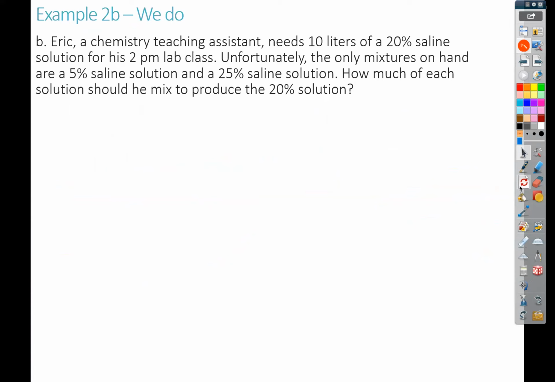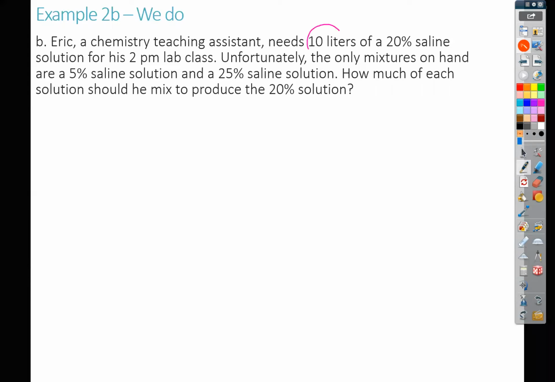How much of each solution should he mix to produce the 20% solution? All right, so let's do this. He needs 10 liters, so both types together, he needs 10 liters. Now, let's get into the percentages. His total that he wants is a 20% solution.